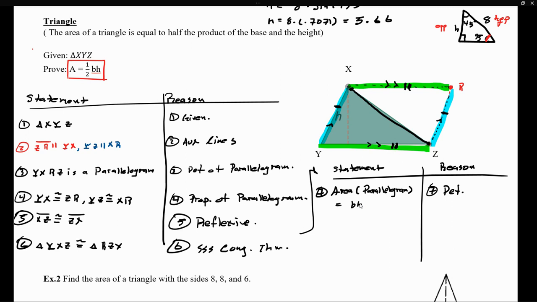But since this triangle XYZ is congruent to triangle XZR, then notice that the area of the triangle that we're looking for, we call it XYZ, or the area of this triangle, is equivalent to 1/2 of the area of the parallelogram.